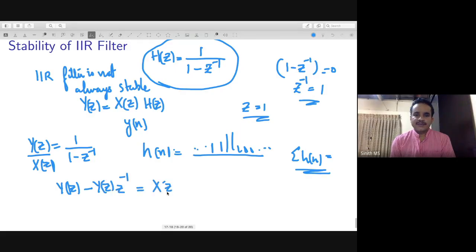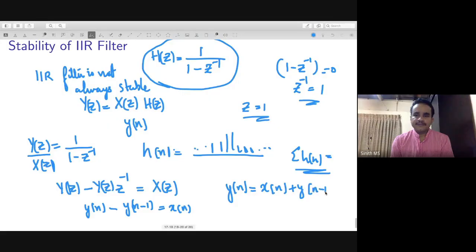So if you take inverse transform of the whole thing, this becomes y(n) minus y(n minus 1) equal to x(n), or this you can write as y(n) equal to x(n) plus y(n minus 1).